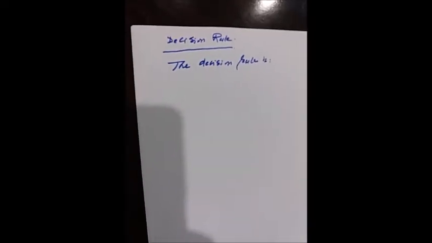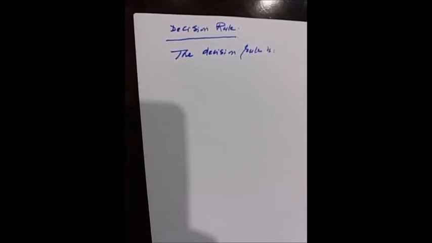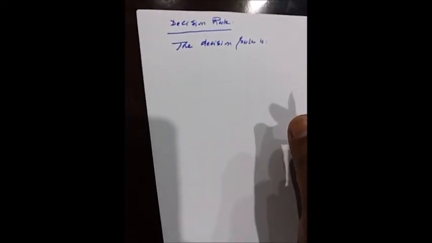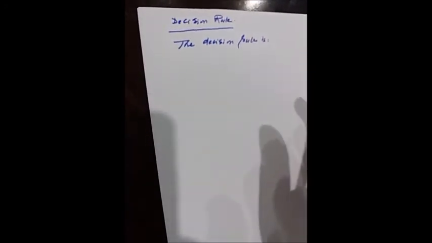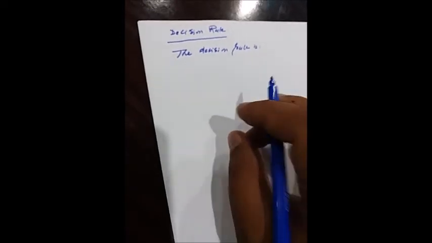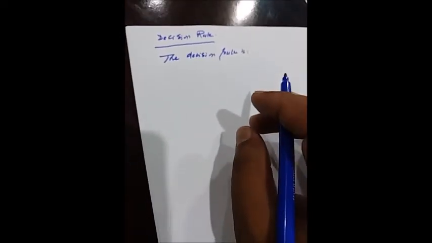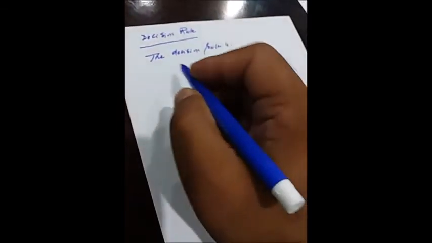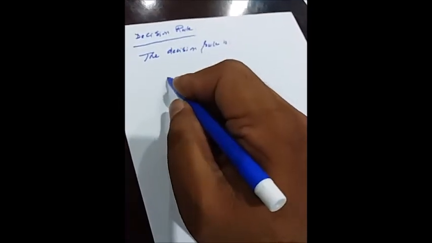If the calculated value is more than the critical value or the tabulated value, then accept the alternative hypothesis or reject the null hypothesis. If the calculated value is less than the critical value or tabulated value, then accept the null hypothesis and reject the alternative hypothesis.